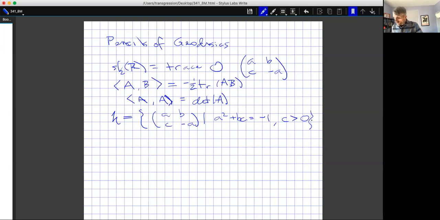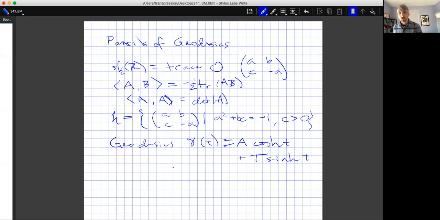Okay, so that's our model, and we know in this model that we have geodesics, right? Those geodesics can always be parametrized so that they look like gamma of t equals A times hyperbolic cosine of t plus T times hyperbolic sine of t.